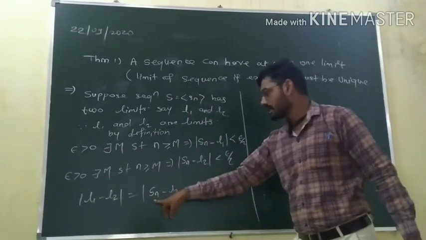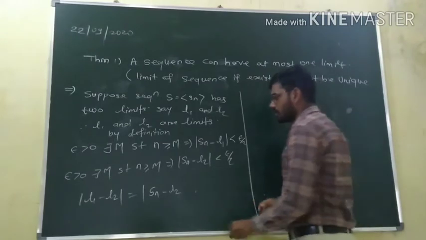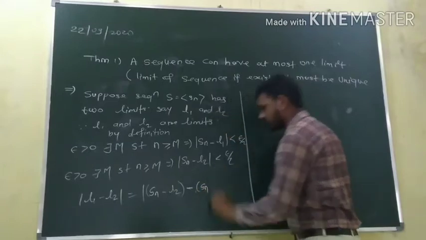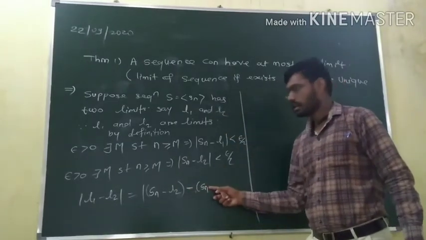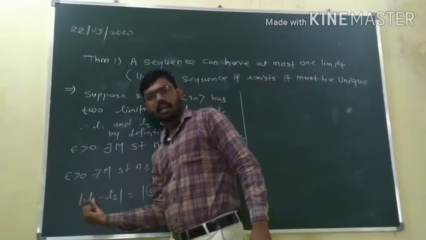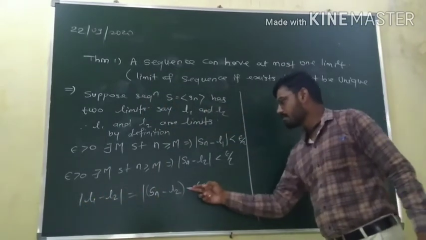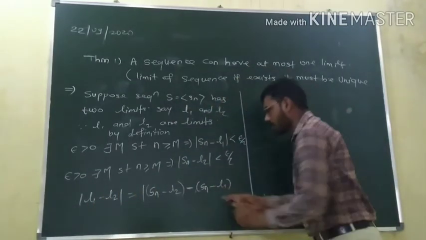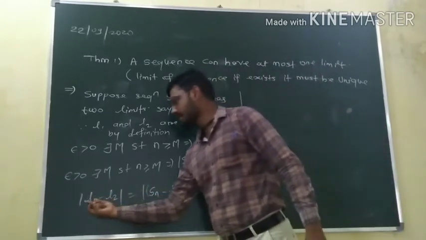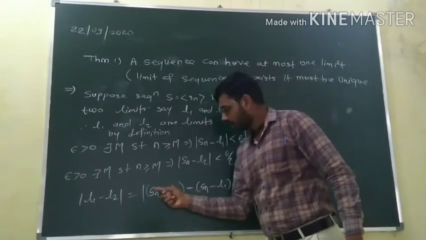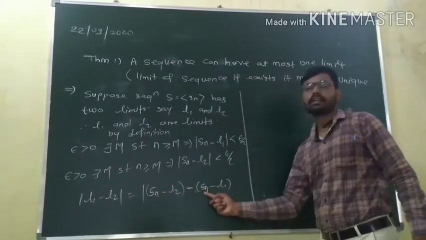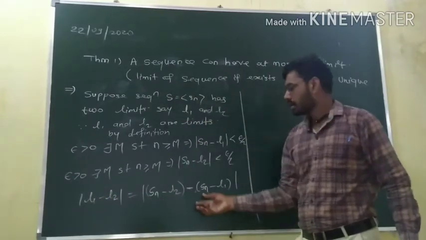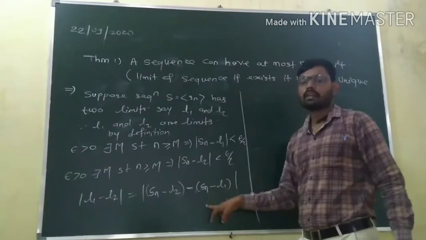So minus Sn, and we take L1 as it is, but with the bracket and minus sign outside, so minus minus is plus: plus L1, minus L2 as it is, added Sn, subtracted Sn. The value of this mod and the original mod are the same, since we just added Sn and subtracted Sn.